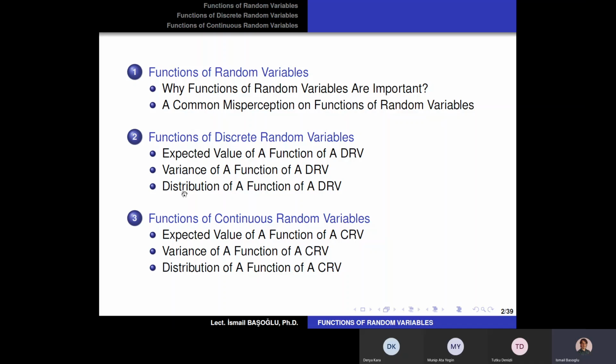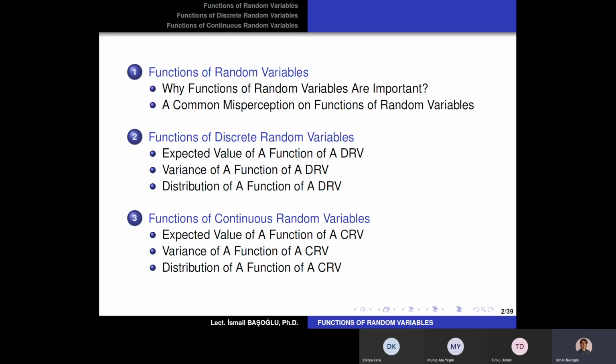And also, how can we determine the distribution of a function of a random variable? Okay, now you see, if we have a random variable, and if you define a function of that random variable, most probably the output of that function will also be random. Most probably, okay?